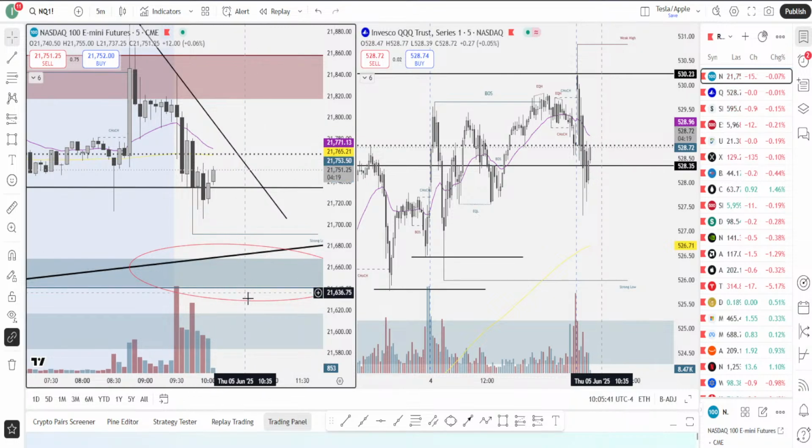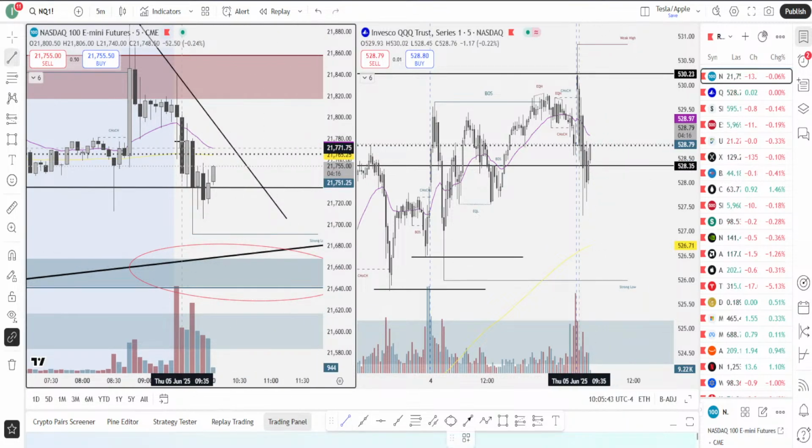Get some buyers stepping in here. We got some resistance here.